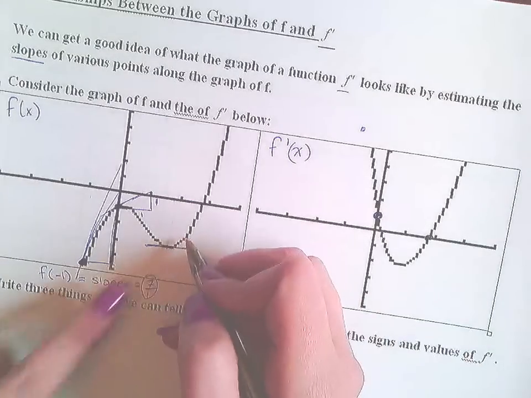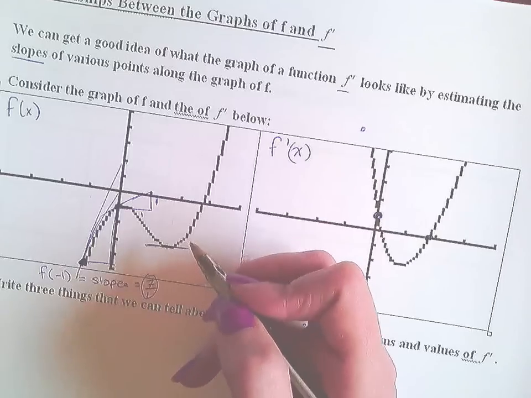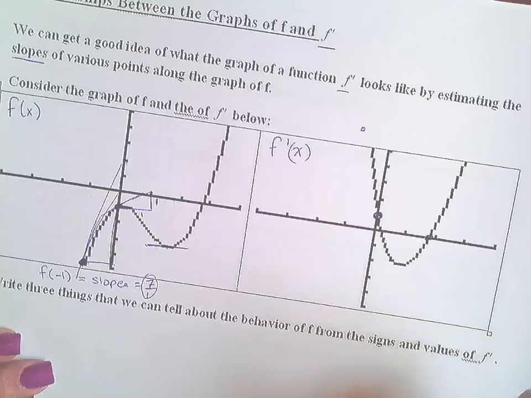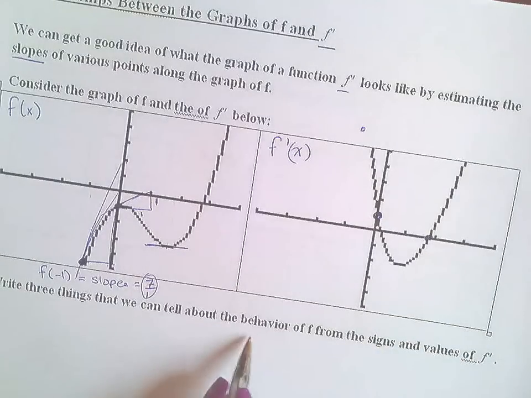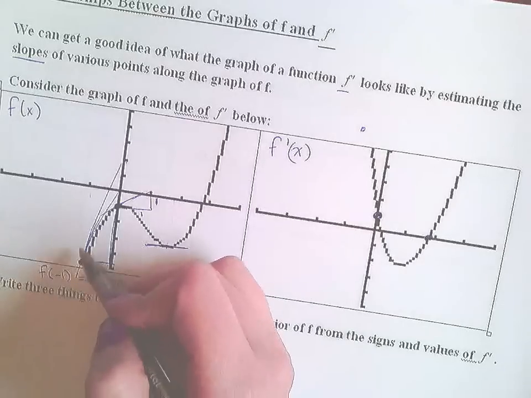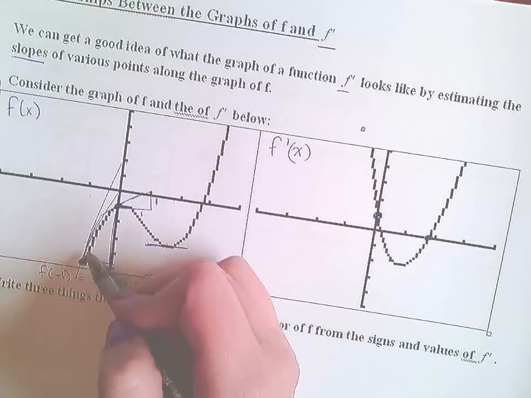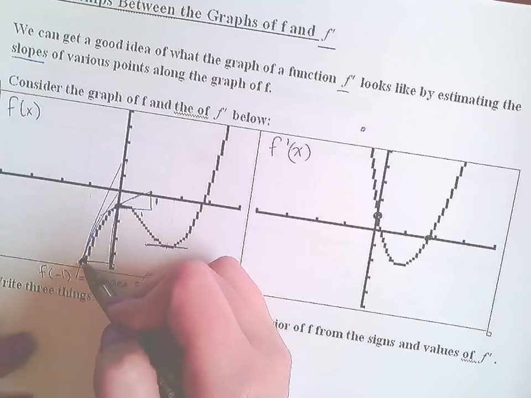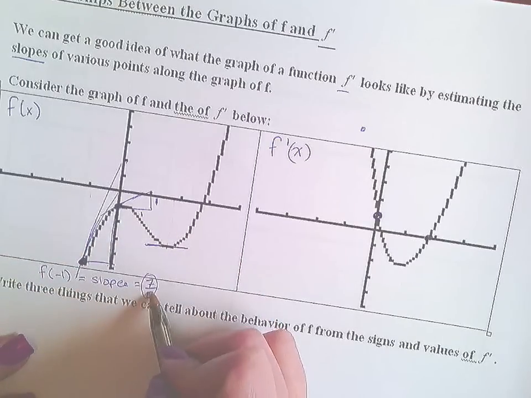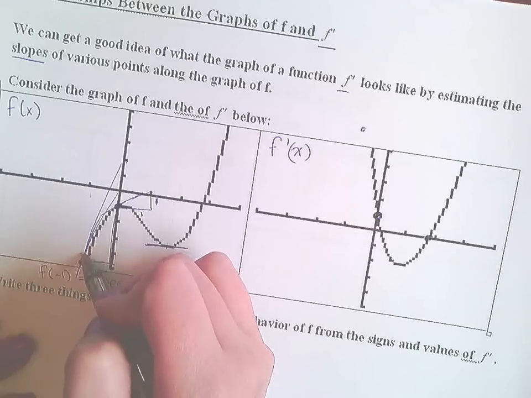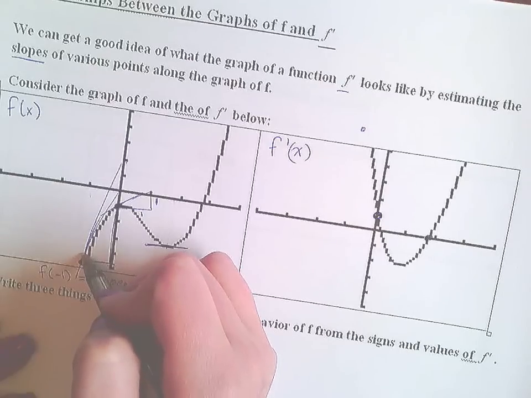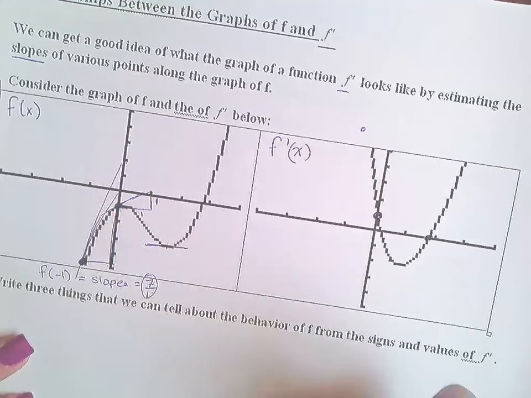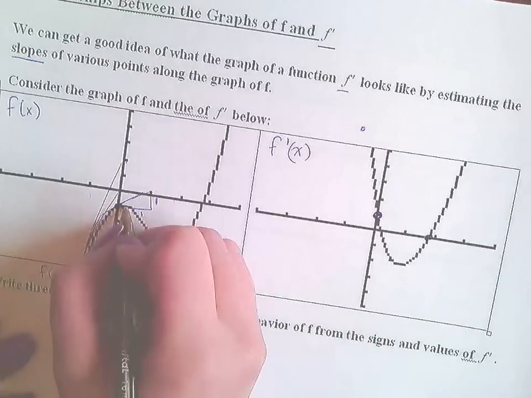So basically, I can identify a few things from this graph. Okay? So I can say 3 things that we can tell about the behavior. When the slope is positive, that means the function is what? Is increasing. Right? So if the slope is positive, it means the function is increasing.